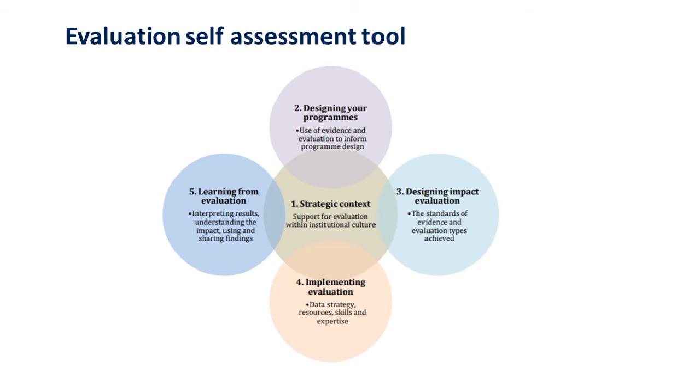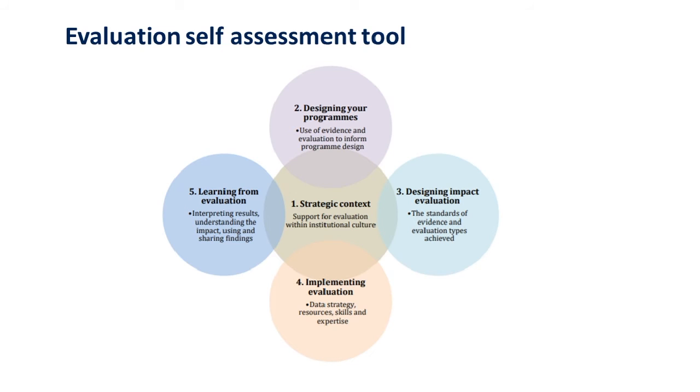So we've commissioned the development of the self-assessment tool over the last year. Colleagues at University of Exeter produced it as part of a larger piece of research to support evaluation practice and to improve the quality of evidence being generated.